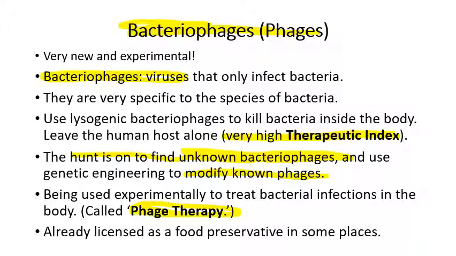The bacteriophages tend to have a very narrow host range, so we believe that you can find bacteriophages that will only infect Streptococcus pyogenes, and some that will only infect Staphylococcus aureus, and some that will only infect E. coli, and so on. And if you target somebody with a bacterial infection with a specific bacteriophage, it will leave the good bacteria in their intestines alone while killing the Staphylococcus aureus that's infecting your blood. That's what they're working on now.